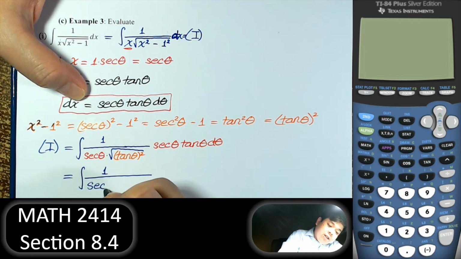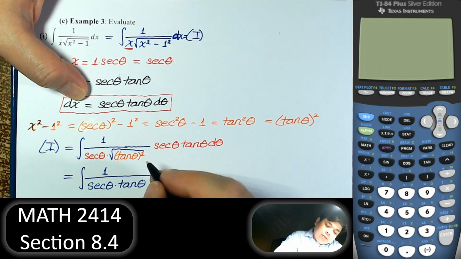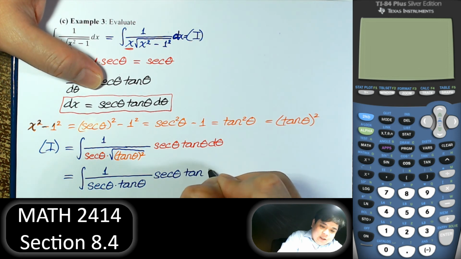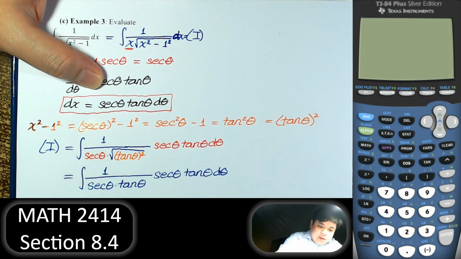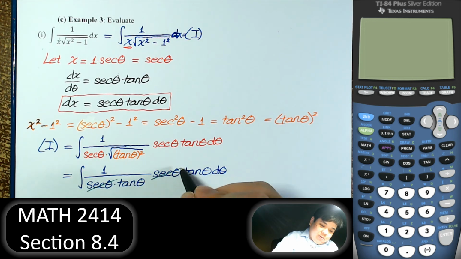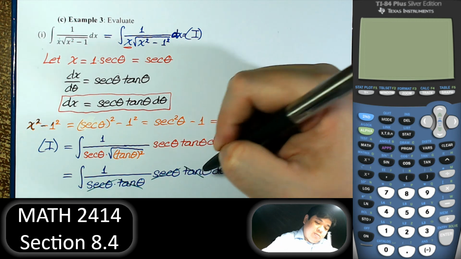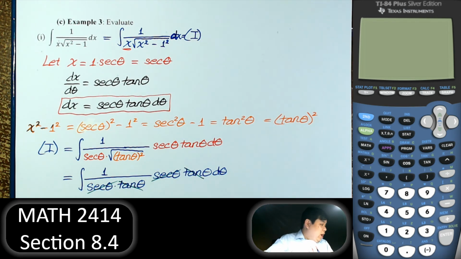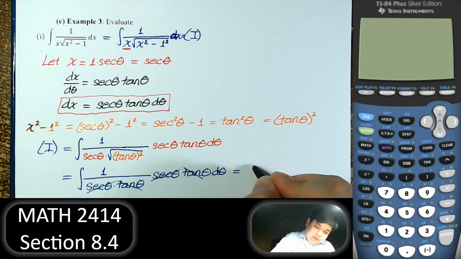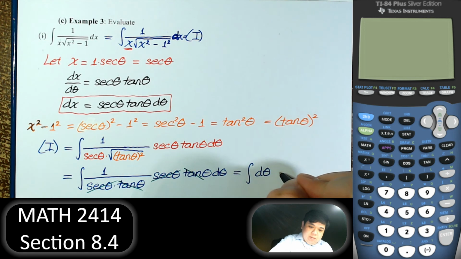We have secant tangent and then secant tangent. Alright. Actually, it works out perfectly and cancels everything. We just have d theta. So the integral of that is just theta plus c.